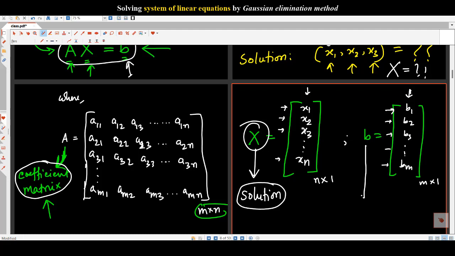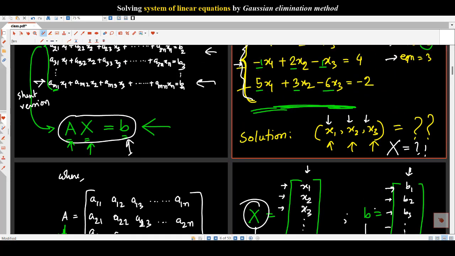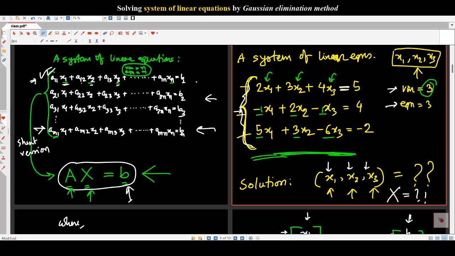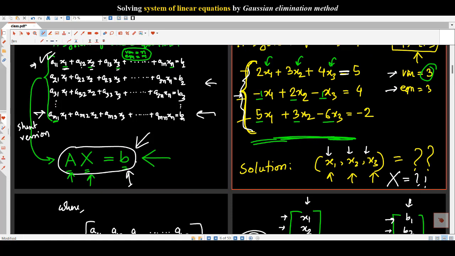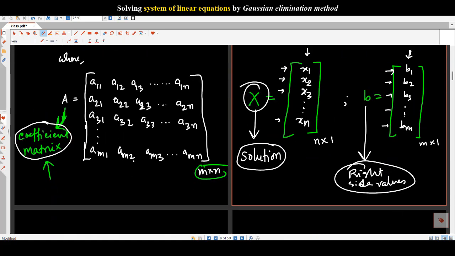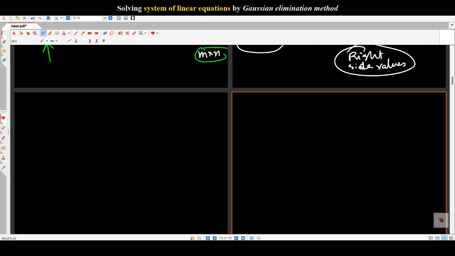So this B is actually the right side values that you can see in the main system. So now this Ax equals B is actually the short version of the main system.